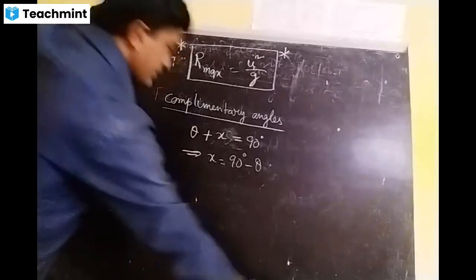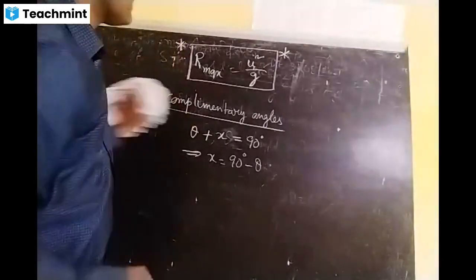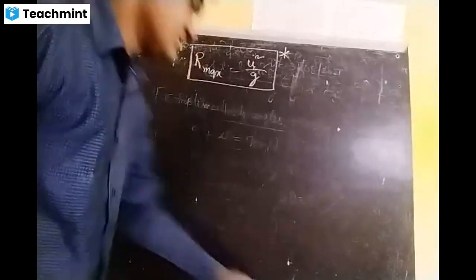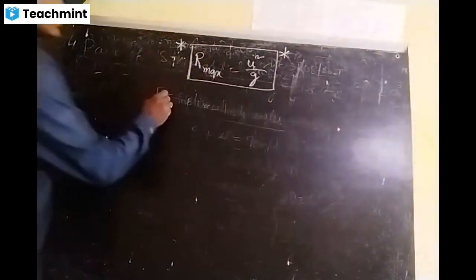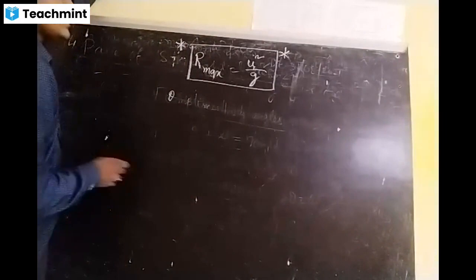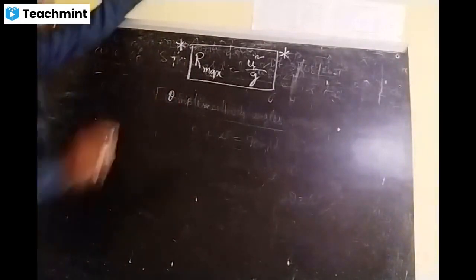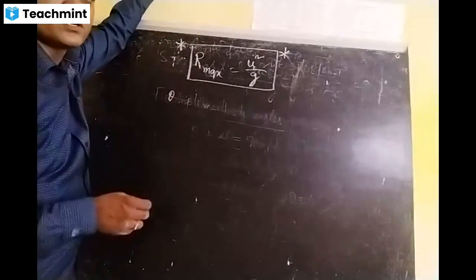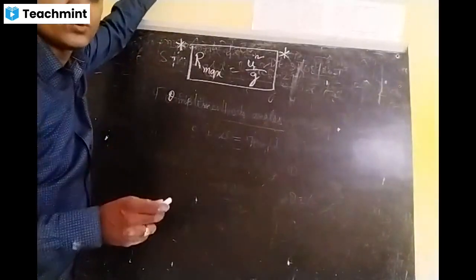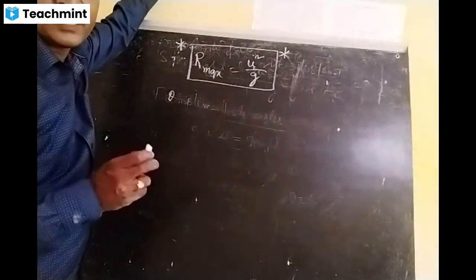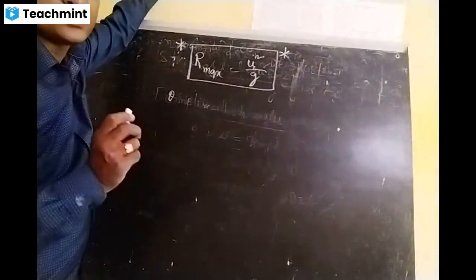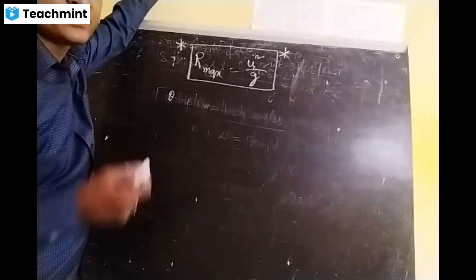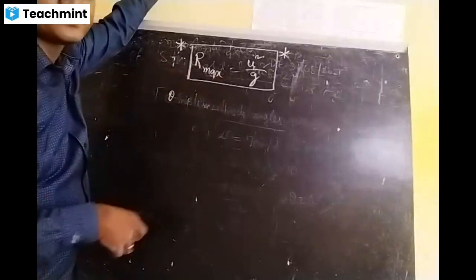Now let me discuss one thing here. If I consider the first angle as theta, and I project a particle with an initial velocity u, then what is the value of range if it is thrown at an angle theta?